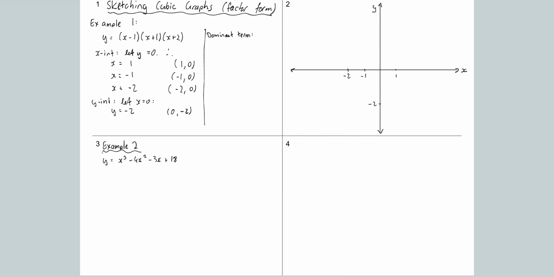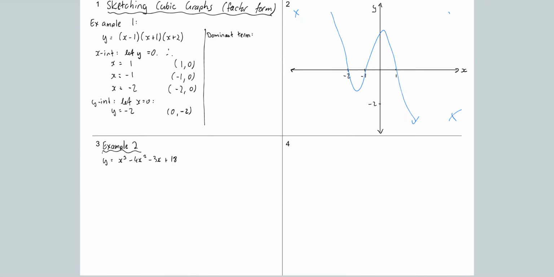One thing you might note is that when I'm drawing a cubic graph, and it works for the base graph as well as this one, if I start down here, then I end up here, diagonally opposite. And if I start here, I'm going to end up in the quadrant diagonally opposite.